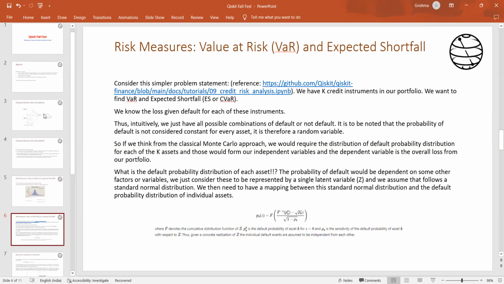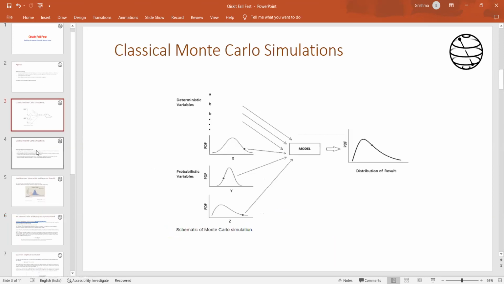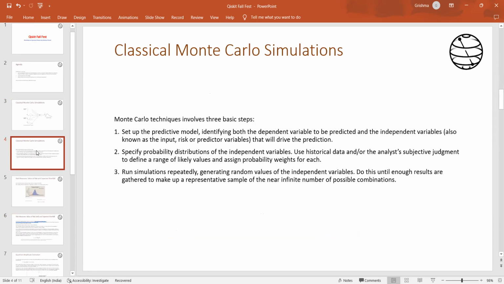And if we look at the Monte Carlo approach, as I just said, you need several simulations to get an appropriate distribution for your output. I just gave a simple example of a stock, but you could have a portfolio with several thousands of factors affecting it.